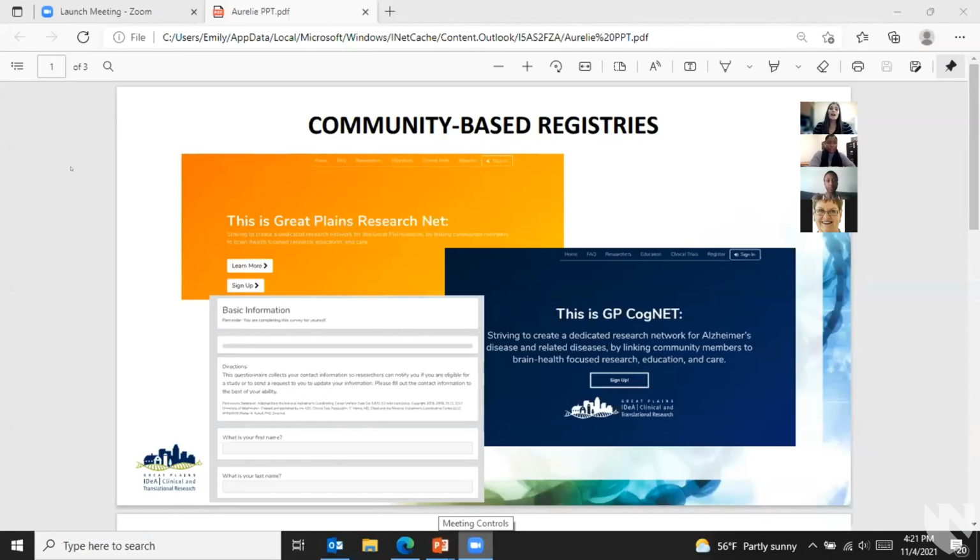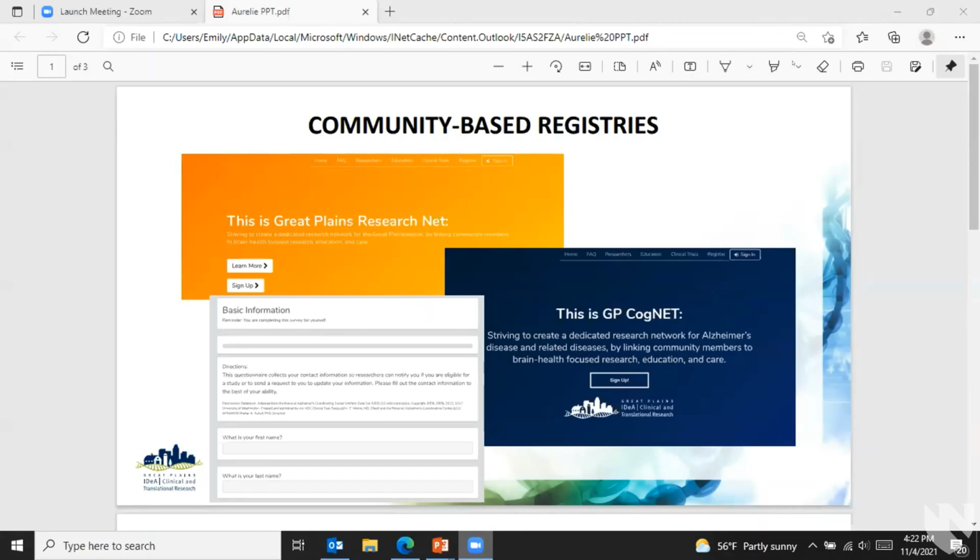Perfect. So another community-based recruitment avenue is through registries. Patient registries are a great way to recruit certain populations into your study if you have a difficult time recruiting. Registries typically collect basic information about individuals who are interested in research, which allows researchers to easily identify eligible participants for their studies.